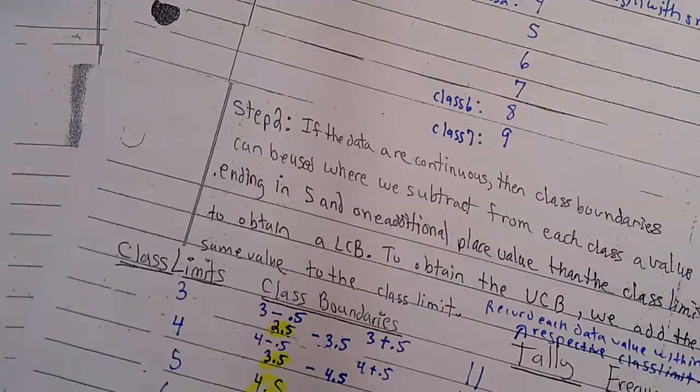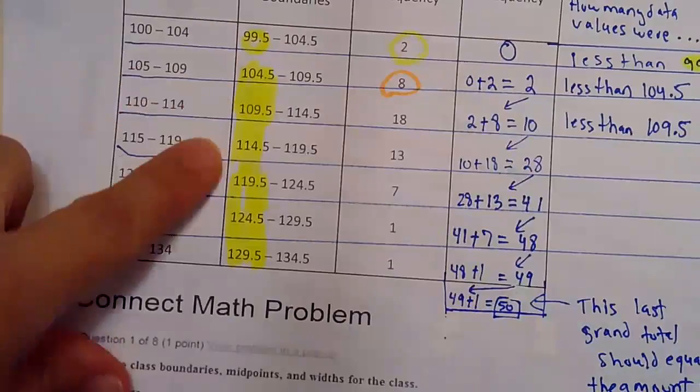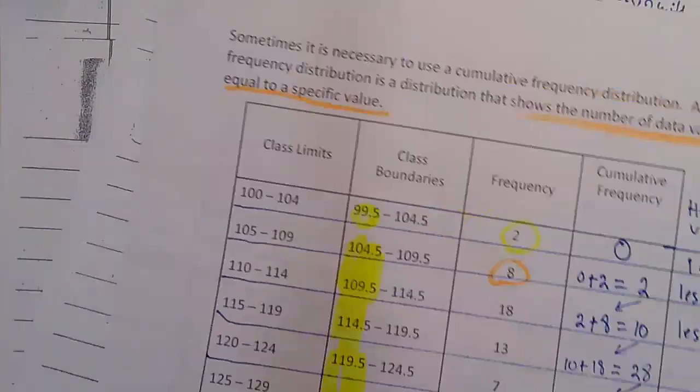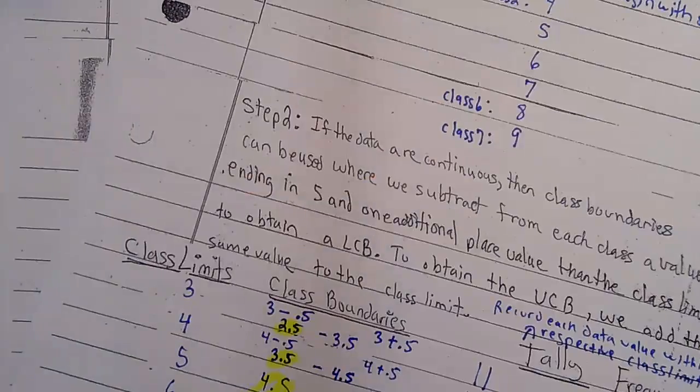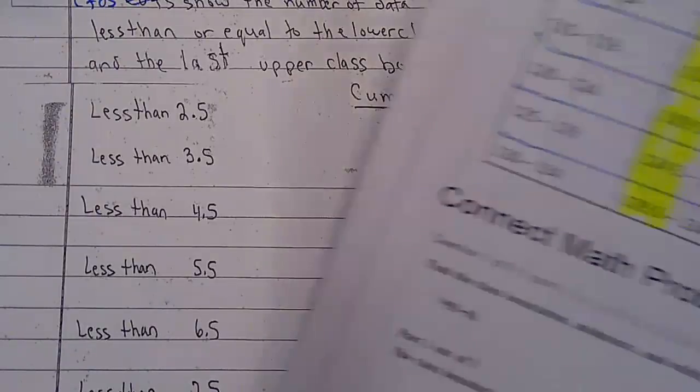Let me see if I highlighted the last upper class boundary in the other page. So I just highlighted the 99.5, and then it looks like I should have also highlighted, according to this, the lower class boundaries and the last upper class boundary.